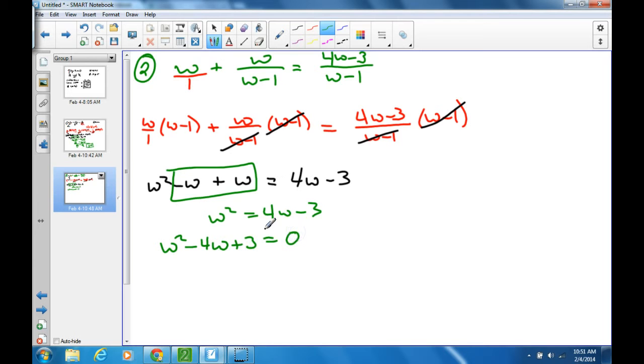Okay, I'm confused. I subtracted 4w from both sides, so I get this. Oh, yeah. Okay, because I need to move it to the other side. Subtract 4w. And I need to add 3 to both sides to get that to the other side. Okay, that makes sense. So that's how I got that. Then you use the box. So let's make a box.